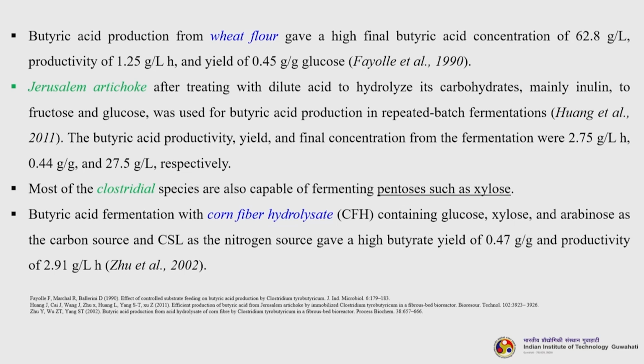Most of the Clostridial species are also capable of fermenting pentoses such as xylose. Butyric acid fermentation with corn fiber hydrolysate containing glucose, xylose and arabinose as the carbon source and corn steep liquor as the nitrogen source gave a high butyrate yield of 0.47 gram per gram and a productivity of 2.91 grams per liter per hour.